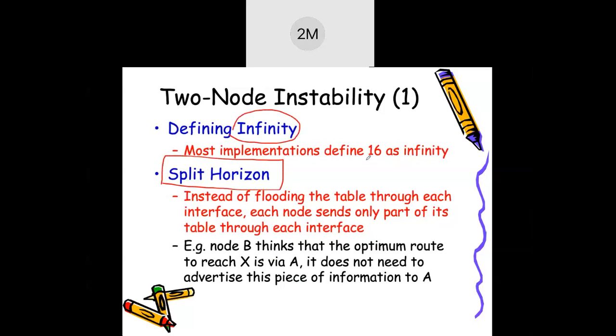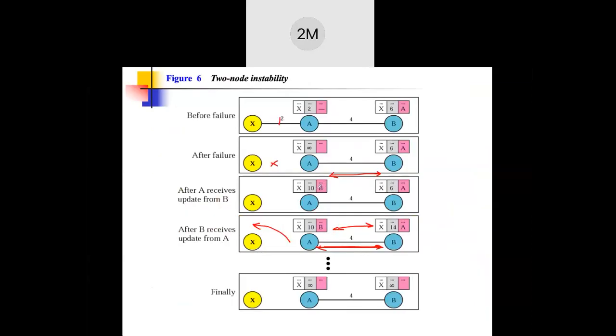Whenever the count reaches 16 or more, it will keep that entry as infinite. It will not update to 18 or 22 or 32 or 64. So the maximum hop entry here is 16. When it goes beyond 16, it will put that entry as infinite, so that it will find the path from another way. Okay, or it will say that it is not connected at all.